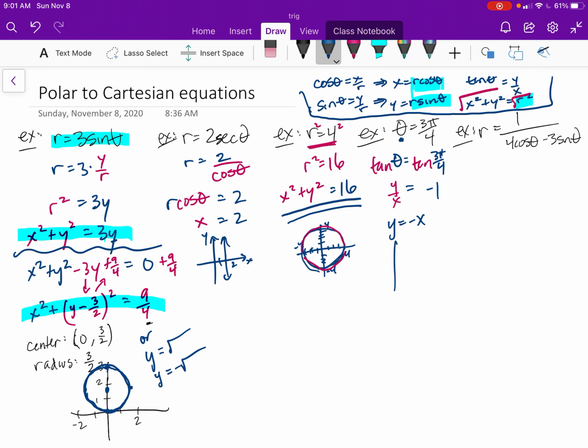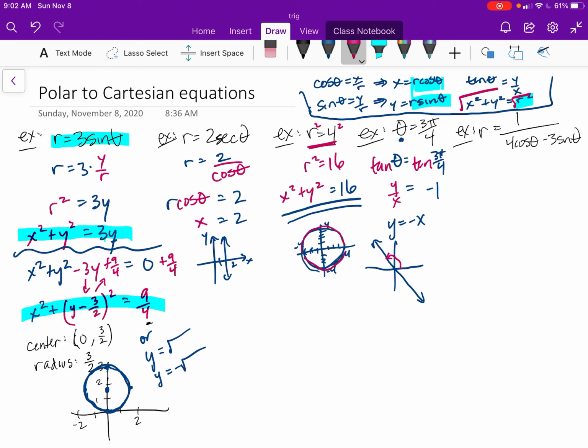And that is a line with slope of negative 1, y-intercept 0, and it's this line here, which, as I said, we could have graphed and pictured what the equation would be. There's theta of 3 pi over 4, and r could be anything, so it creates this line.